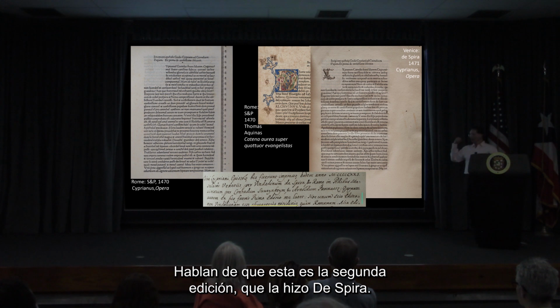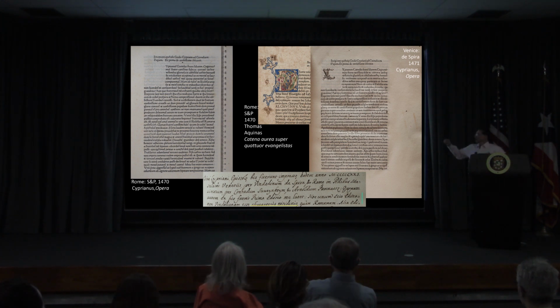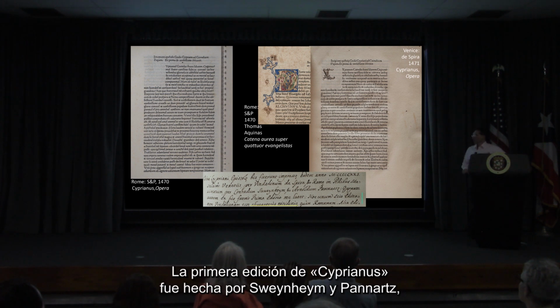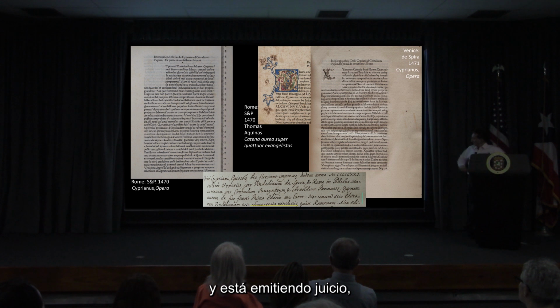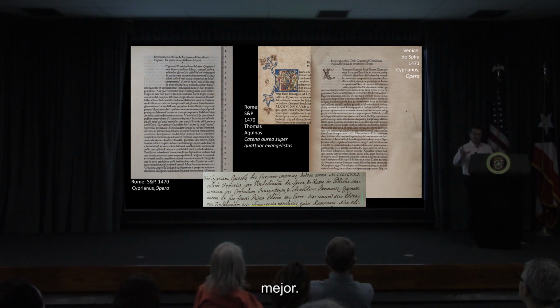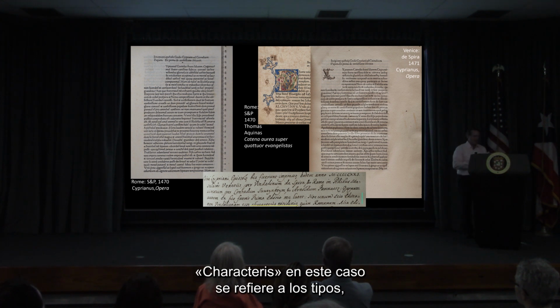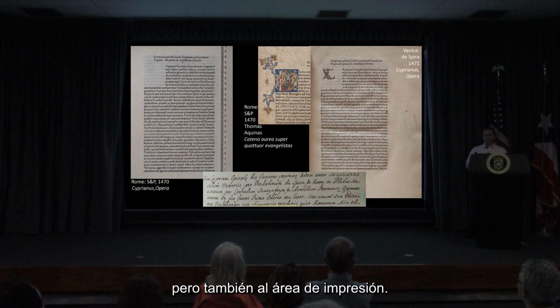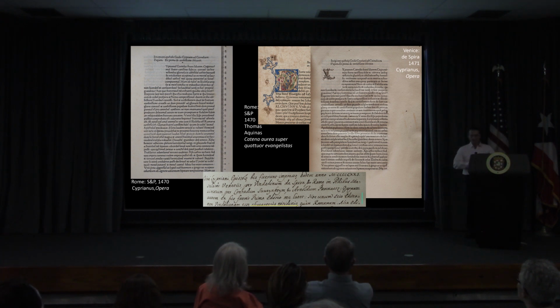What they are talking about is that this is the second edition of the Spira. The first edition of Cyprianus was brought out by Sweynheym and Pannartz. And he's passing judgment, saying, yeah, the one by the Spira, it's cleaner, it's better. And characteris, in this case, is talking about the types, but also the type page.